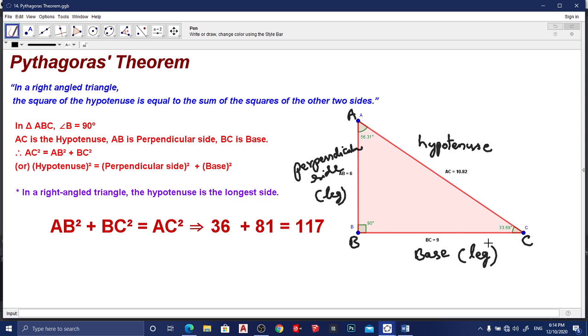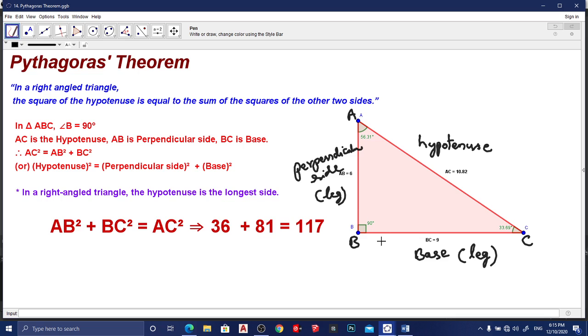So what is the property here? In a right angle triangle, the square of the hypotenuse, meaning the square of the length of the hypotenuse, is equal to the sum of the squares of the lengths of the other two sides.